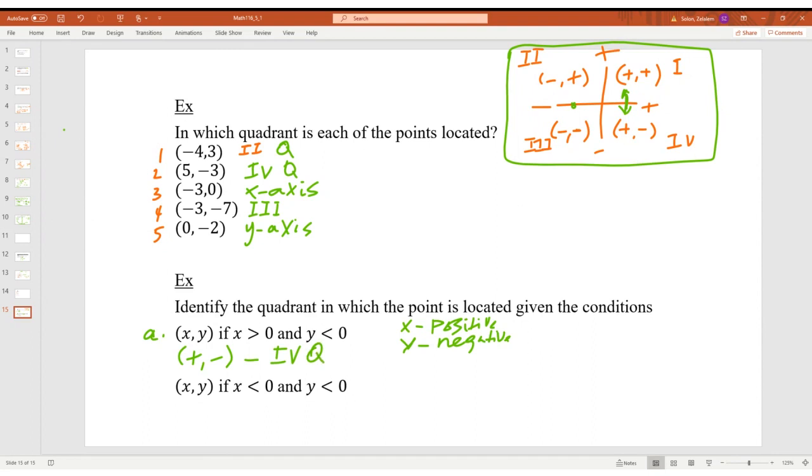Now give me the quadrant for B. x, y is given that x is less than 0, which is negative. y is also less than 0, which is negative. So in which quadrant do you get negative, negative?